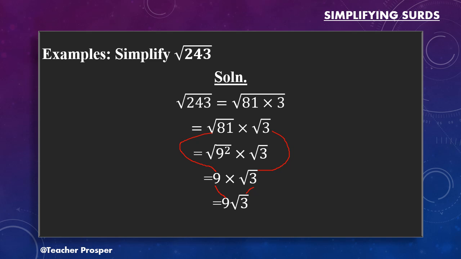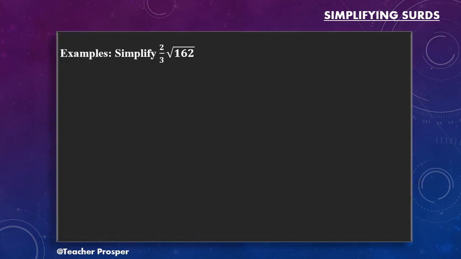Alright, to make things a bit easier, so we can become more familiar with things, we can consider another example. At this time, we attach a coefficient to the square root.